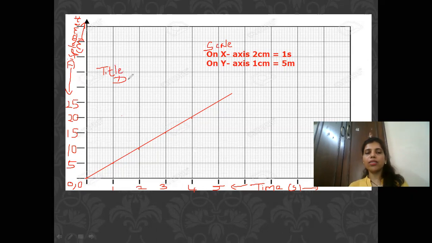And then you have to write displacement, because your y-axis is having displacement. So first you write about the y-axis. So displacement, and then versus time.